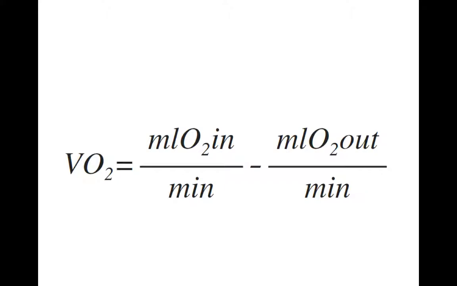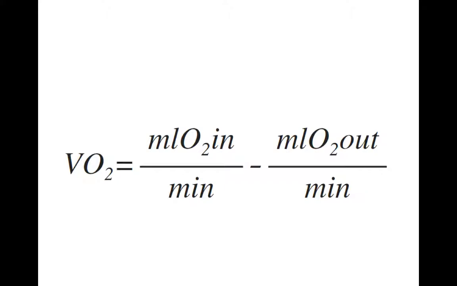Well, there's one idea that we have to address, and that is our oxygen is getting to our tissue and coming out of our tissue through the blood. So if we want to know the amount of oxygen coming into or going out of the tissue per minute, we need to know two things. Number one, we need to know how much oxygen is in every liter of blood.